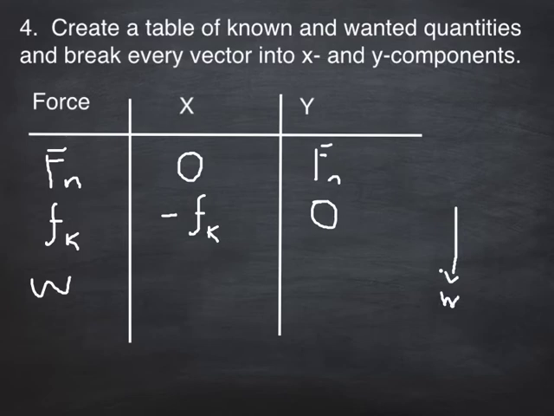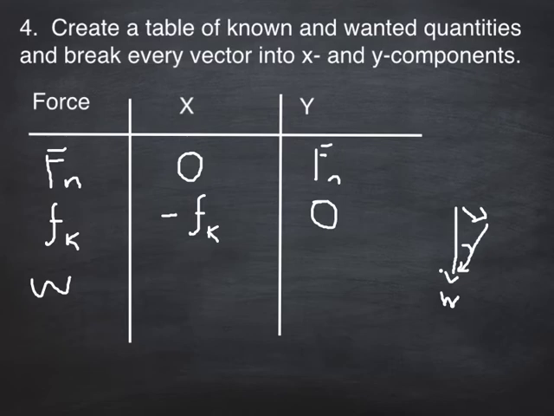So here's the weight. It points straight down. There's a component that points along the slope, and there's a component that points into the slope. The angle, the 20-degree angle, is at the bottom of this triangle that I've drawn.